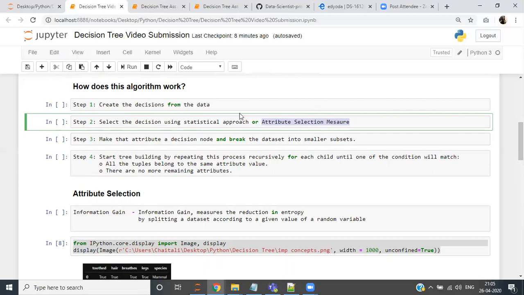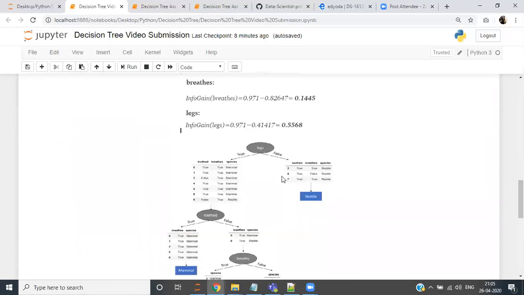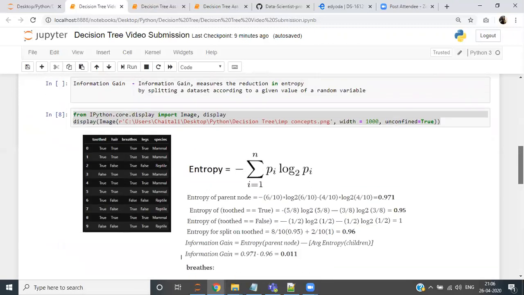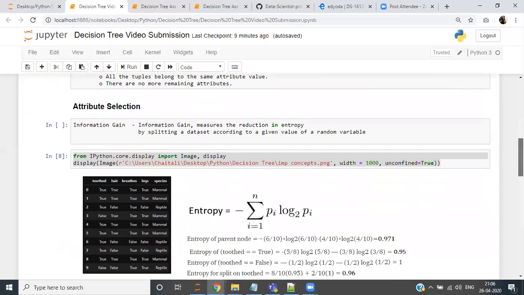Then we used a statistical approach to see what could be the tree root of our decision. And then we created the nodes. So our nodes would be first with legs, followed with teeth, then with breathe, and recursively our algorithm would keep on working. And finally, once we have all the attributes in place, we no more have to split the tree.